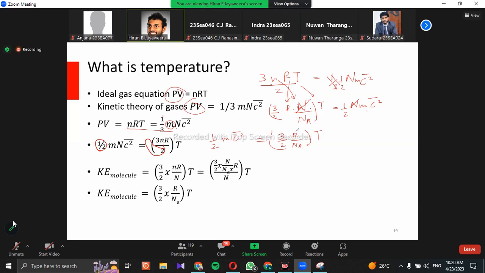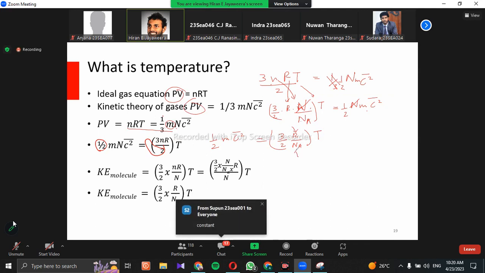So what is this R? Is it a constant or not? Say yes if it is a constant, say no if it is not. It's a universal gas constant.